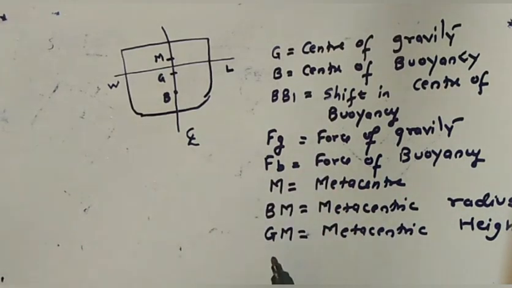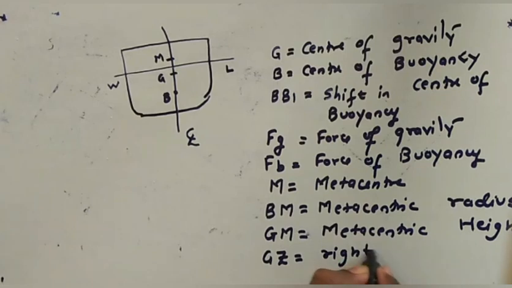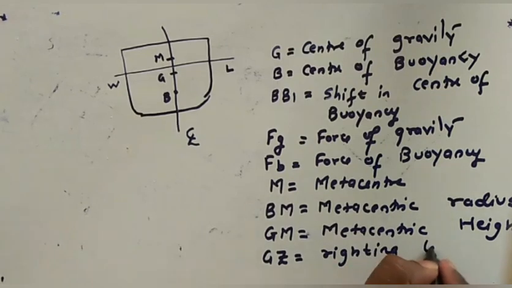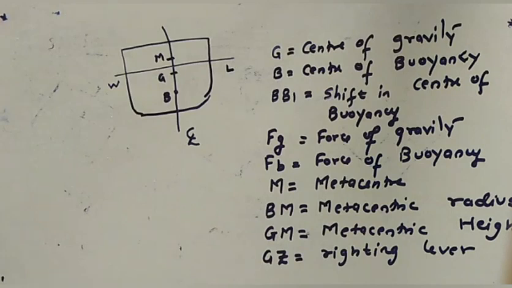So these are the different terms we have. Okay. GZ, one more, the righting lever. So these are the different terms we have: G, B, B1, F of G, F of B, M, BM, GM and GZ.